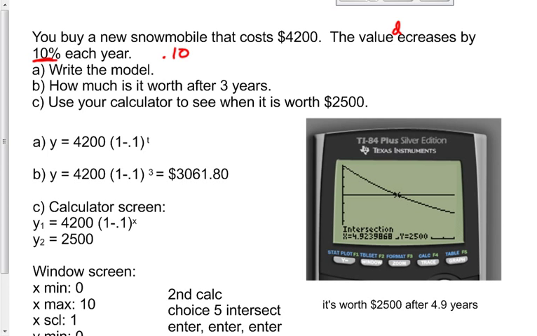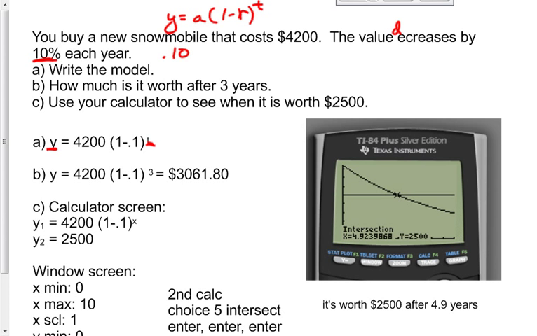Write the model. When you write your model, make sure you have y and x, or t, in it. Starting value, and if you need the form again, y equals a, 1 minus r raised to the t. A value, $4,200. 1 minus 0.10 raised to the t.